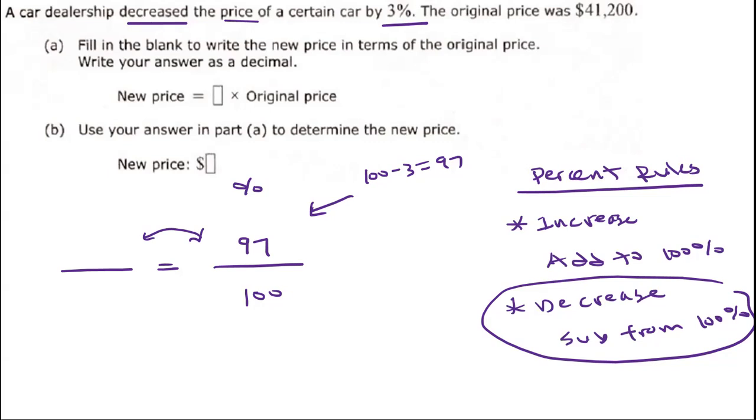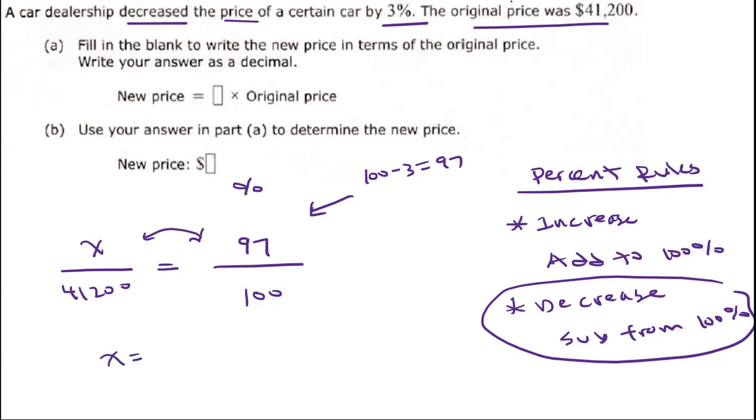It's telling me I don't know what it decreased to, so that will be my X. That's the missing part, because these two numbers on the top need to correspond with each other. But I do know the original price was 41,200. A lot of times the original price will go on the bottom, and I just put that there. Then we just cross multiply and divide.